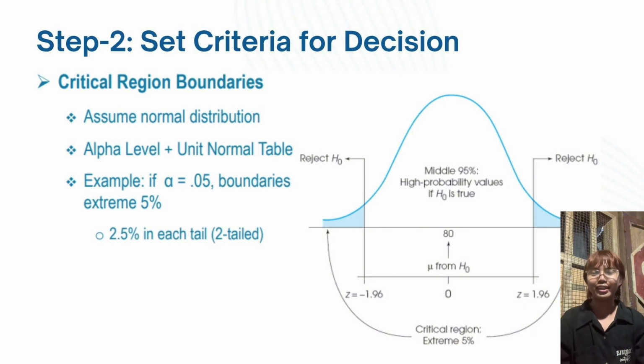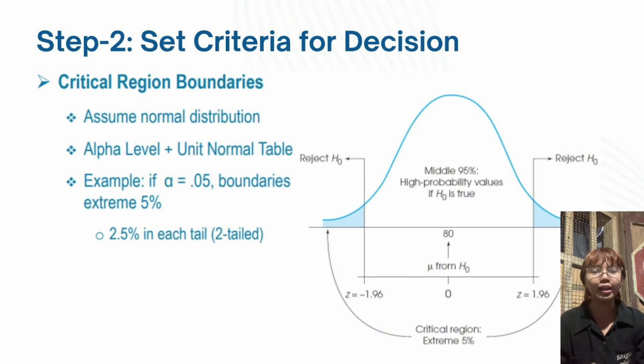The boundaries of the critical region are determined by the z-scores that correspond to these tail probabilities. In this case, for alpha equals 0.05 in a two-tailed test, the critical z values are approximately negative 1.96 and positive 1.96.